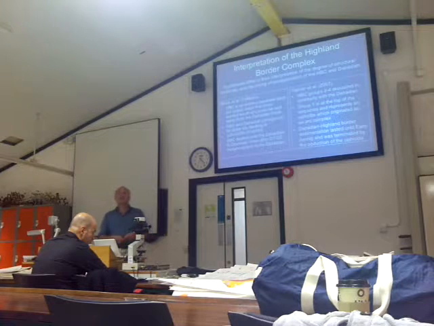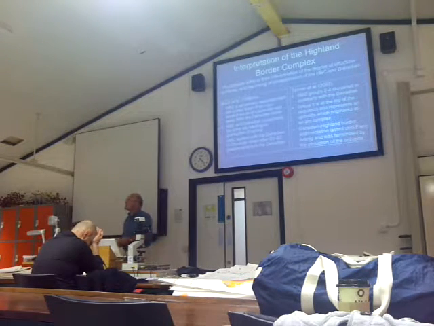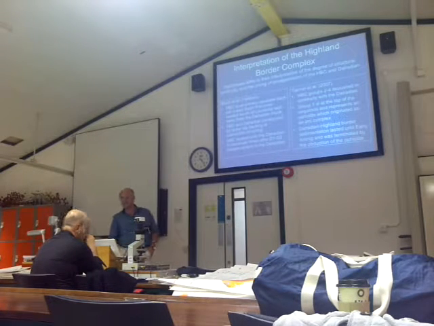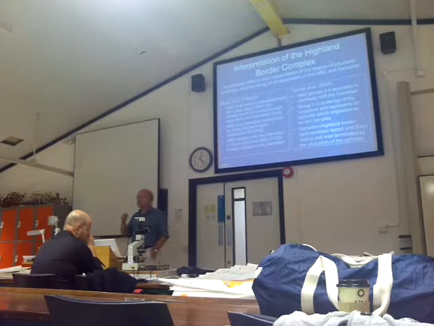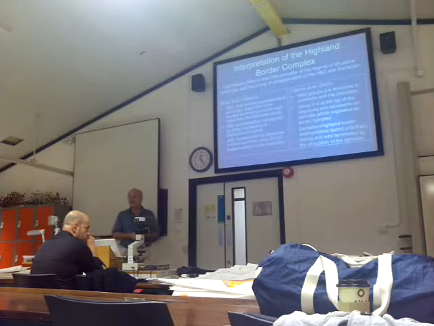Also, there is considerable disagreement about the relationships between the Highland border complex and the Dalradian. So the first school of hypotheses developed from work by Brian Bluck from about 1983-84 onwards.